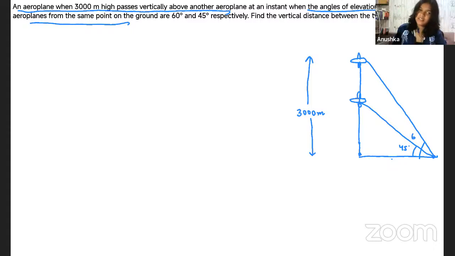Both make angles of elevation from the same point on the ground. So this is 45 and this is 60. Now we have to find the vertical distance between both.